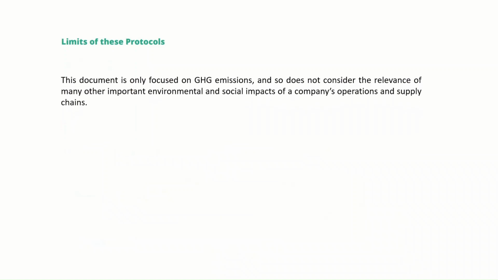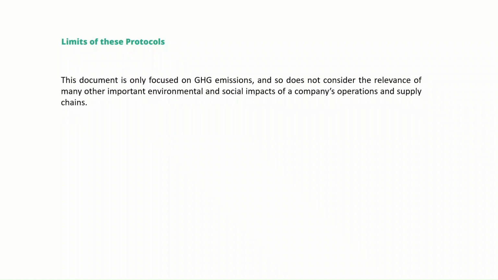Let's talk about some limits of this GHG emissions report or guidance. The first limit of this guidance is that this document is only focused on GHG emissions. So if you are considering some other kind of social and environmental impacts, you can't evaluate or measure those impacts with the help of this guidance.